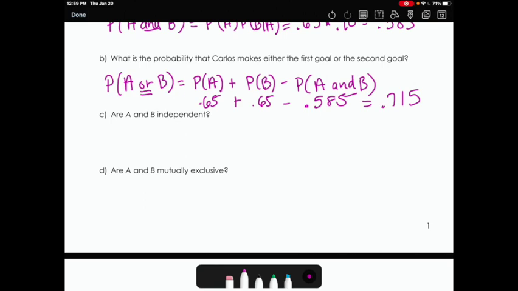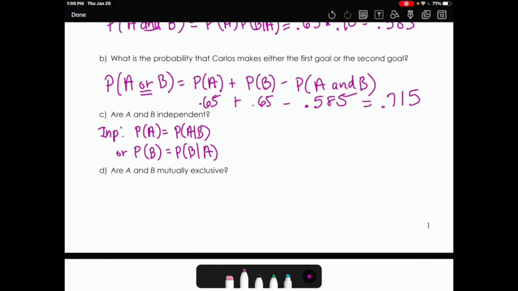Part C says, are A and B independent? Now, in order for two events to be independent, we would know that the probability of A is going to be equal to the probability of A given that B has happened, or we can write it the other way: the probability of B would be the same as the probability of B given that A has happened.